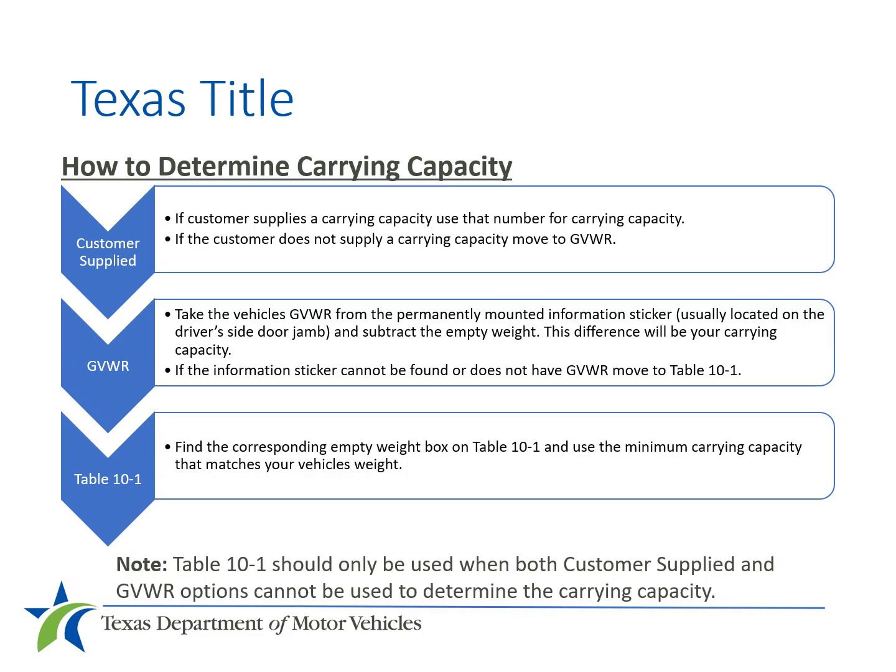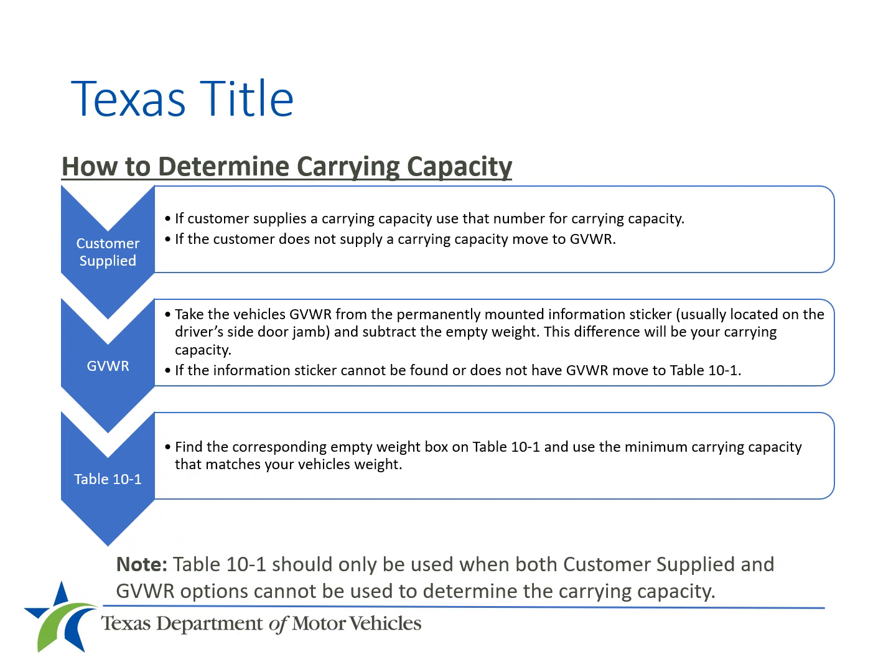If the gross vehicle weight rating is unavailable on both the surrendered ownership document and the vehicle's permanently mounted sticker, then you can move on to your last option, which is using Table 10-1 of the Texas Title Manual. Table 10-1 provides the minimum carrying capacity for vehicles when the customer does not provide a carrying capacity and the carrying capacity cannot be determined based on the gross vehicle weight rating minus the empty weight.